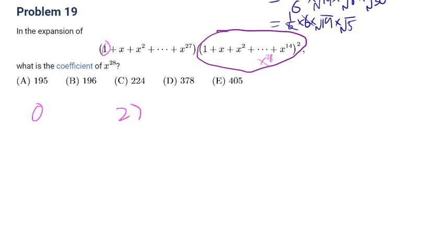Since multiplying with any of these doesn't change the coefficient, what we're looking for is basically the sum of all the coefficients in the expansion of this, besides the one. We do not add the one. The one doesn't count.